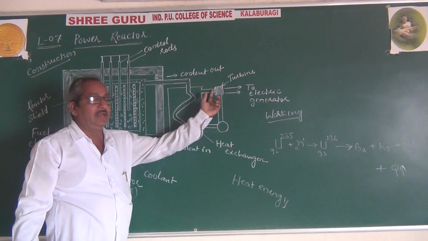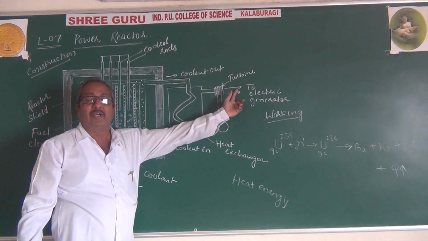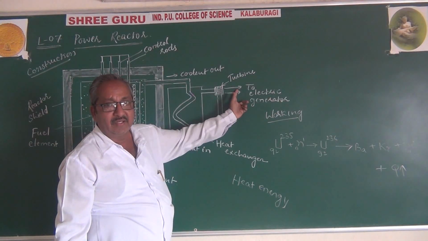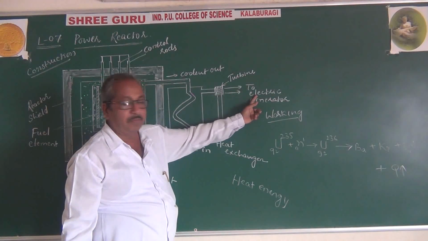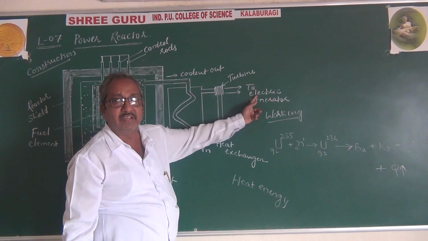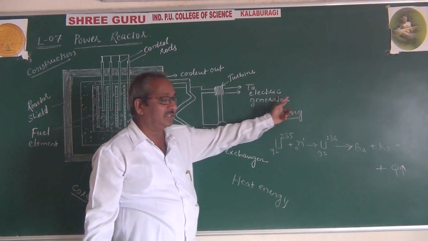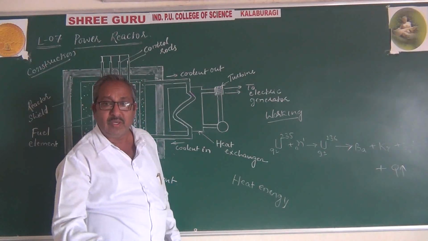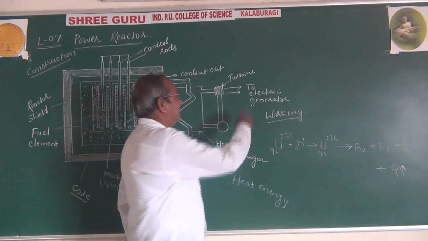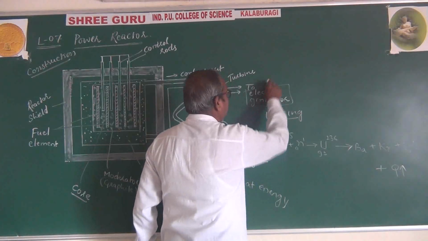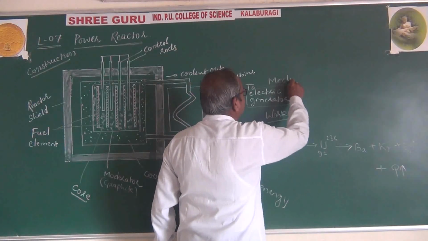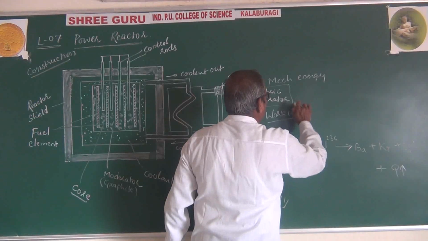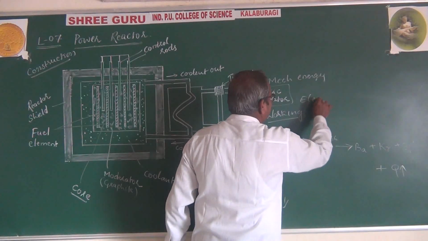to the turbine, and the turbine converts steam energy into mechanical energy, and that mechanical energy is supplied to the electric generator. This generator converts mechanical energy into electrical energy.